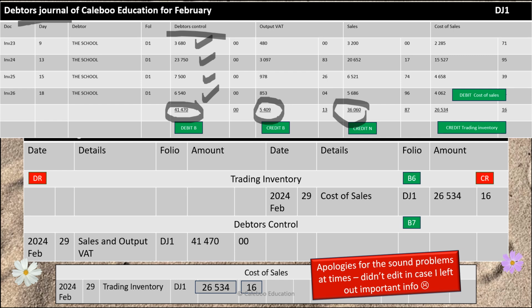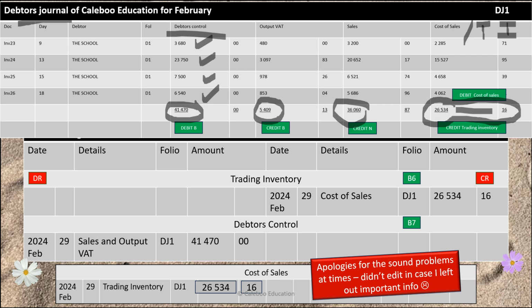Like I said earlier, I would have called this column cost of sales trading inventory, because the total of this column, the information goes to two accounts. Number one, a new account, cost of sales.